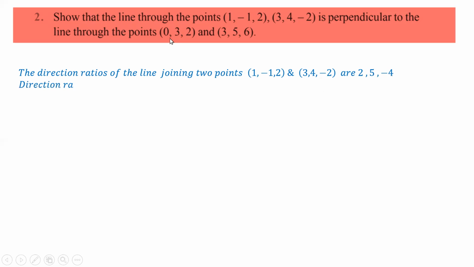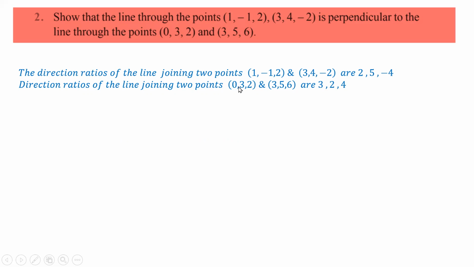And for the second line, where the points are 0, 3, 2 and 3, 5, 6, the direction ratios are 3, 2, 4. I hope you all remember how to find the direction ratios: x2 minus x1, 3 minus 1 is 2, 4 minus of minus 1 is 5, minus 2 minus 2 is minus 4.